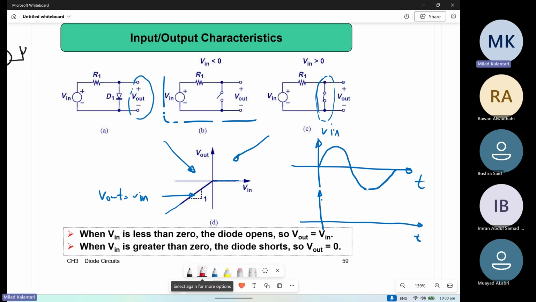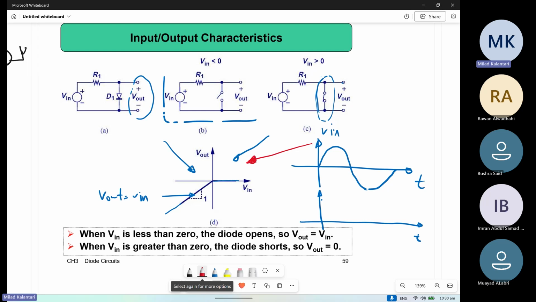For the positive side, what is the output? I just want to refer back to this characteristic over here, right? Once V in is above 0, what is the output? It's 0. I'm not even talking about the circuit.